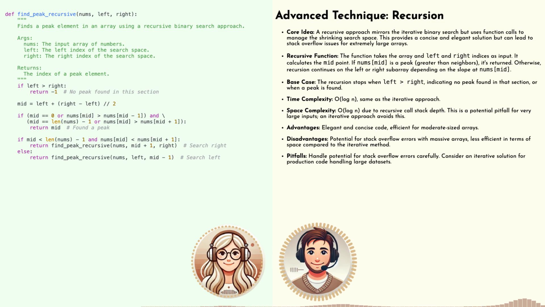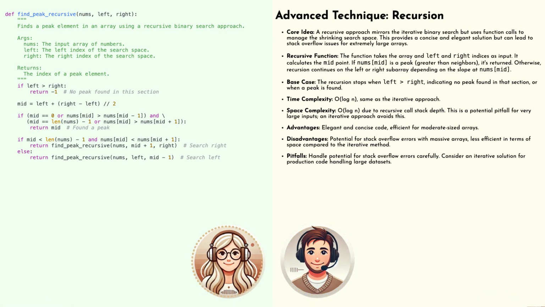That sounds similar to how we use binary search to divide up the search space. Exactly. But instead of explicitly using pointers like left and right, we can actually use the function's call stack to keep track of those boundaries. So we're using function calls to narrow down the search. Precisely. And like binary search, this recursive approach has a logarithmic time complexity. Which is great for large arrays.